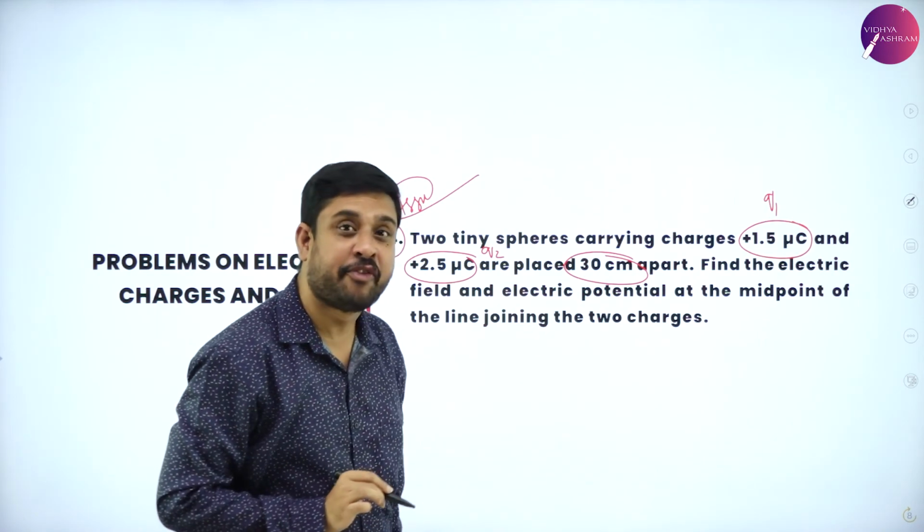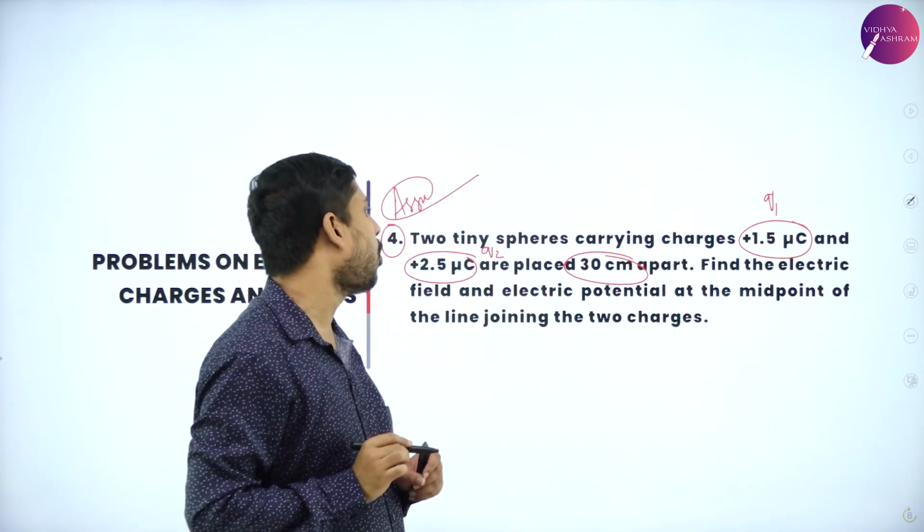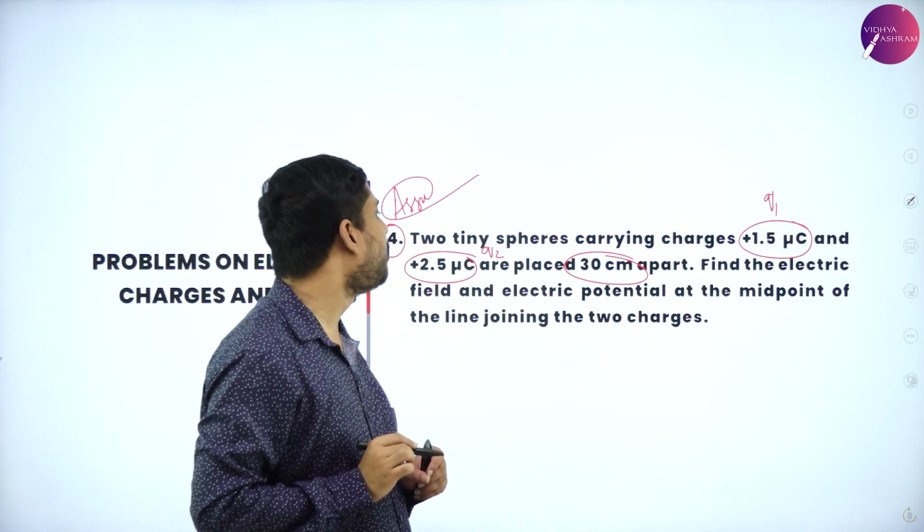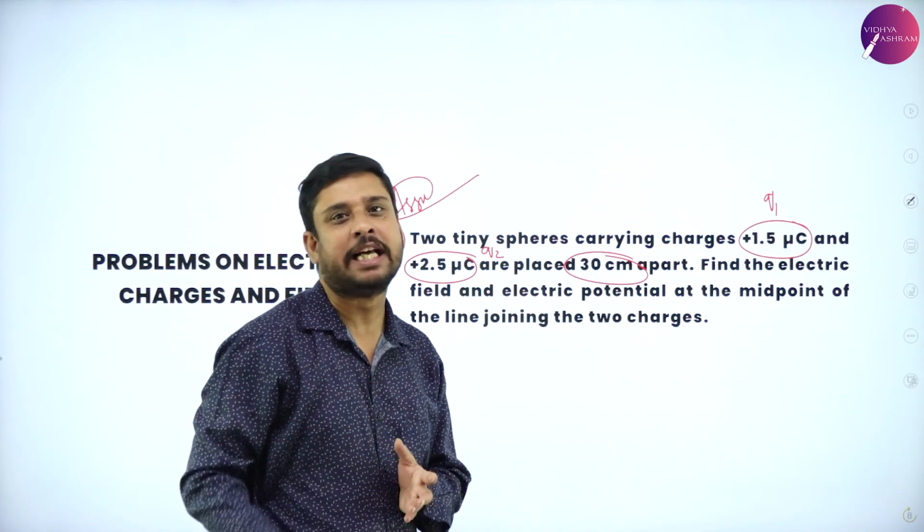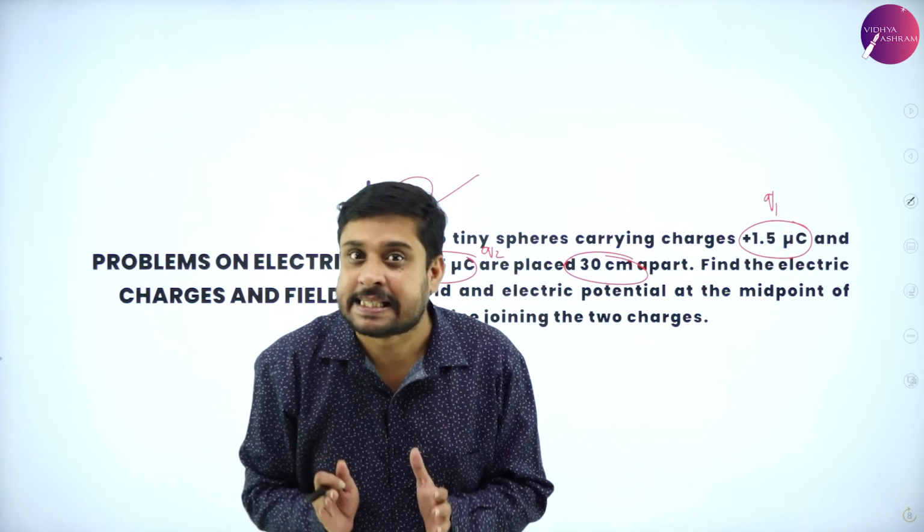Find the electric field as well as potential at the midpoint of the line joining the 2 charges.